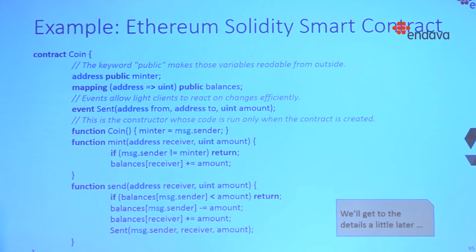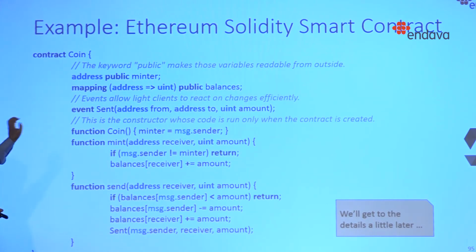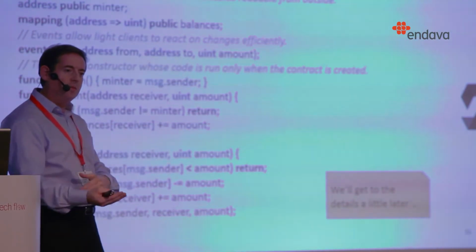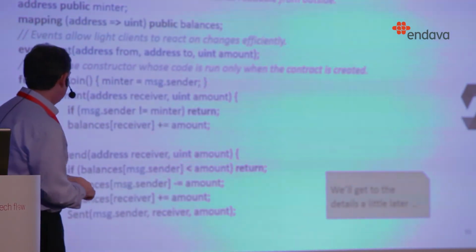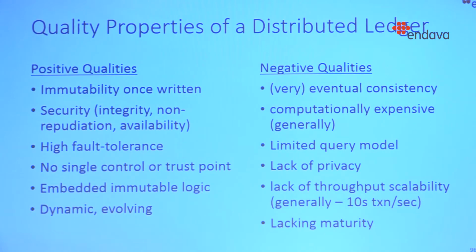But it's not as bad as it sounds. It's strongly typed, so it's not JavaScript, but it's a bit JavaScripty, because they were sort of inspired by its syntax. But it's got a contract instead of a class, and it's got methods, and it's got state, and it's got clever things called events. Events are how you record the progress of a smart contract on the blockchain. So nothing particularly weird there. We will get to some details later about that, but just take my word for it.